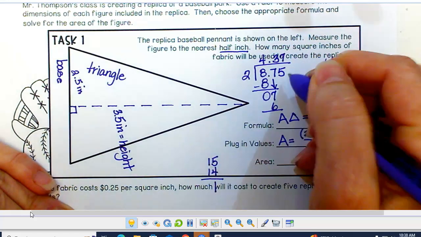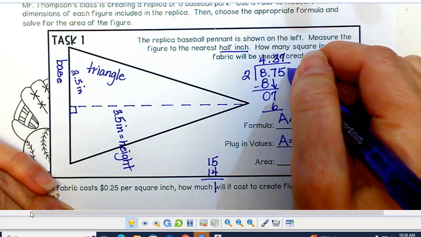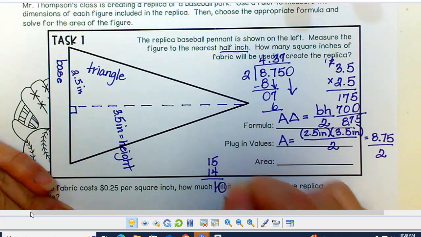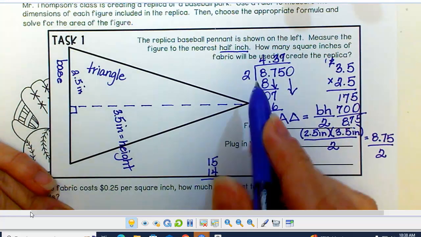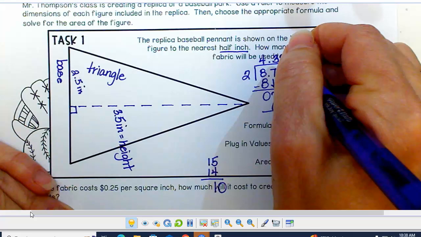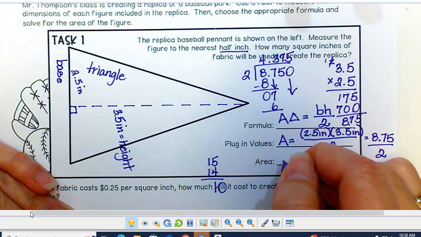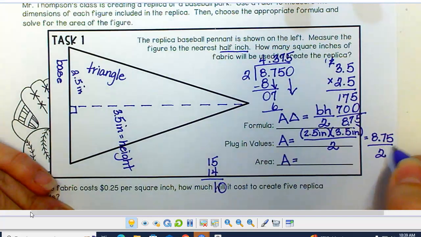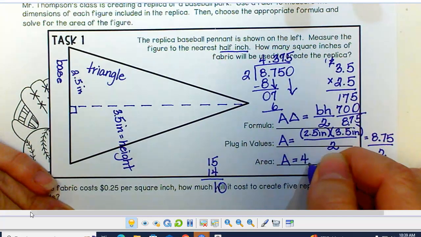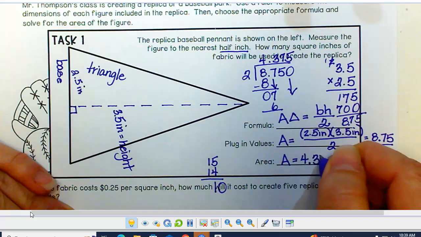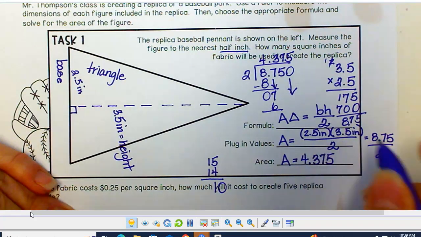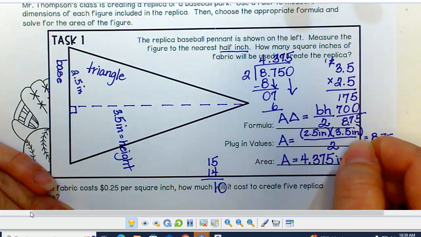I have 1 left over. Remember, I'm really working over here, but I'm out of room. I can put a 0 and bring it down. So bring down that 0 to here. 2 will go into 10 5 times. So the area is half of 8.75, which is 4.375 inches times inches. So this is going to be square inches.